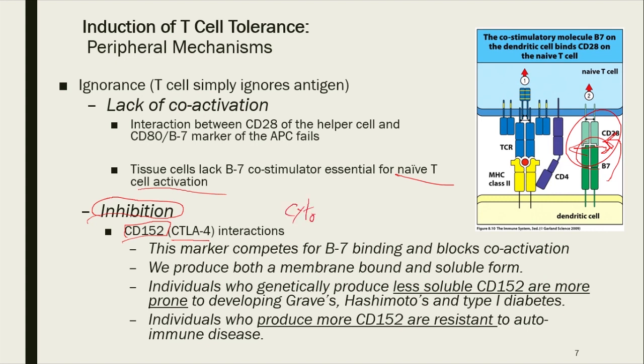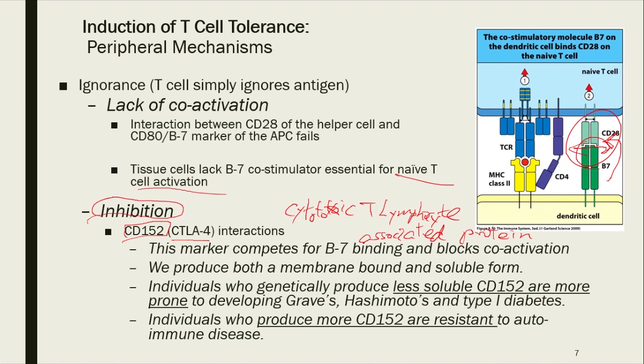Let me see if I can write it down. Cytotoxic T lymphocyte associated protein. My handwriting is usually much better than this. Writing on a touchpad, a writing pad, seems very difficult.